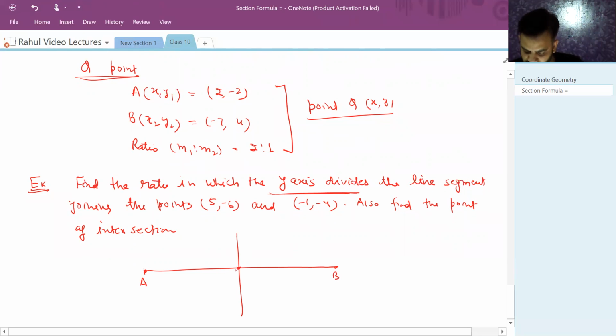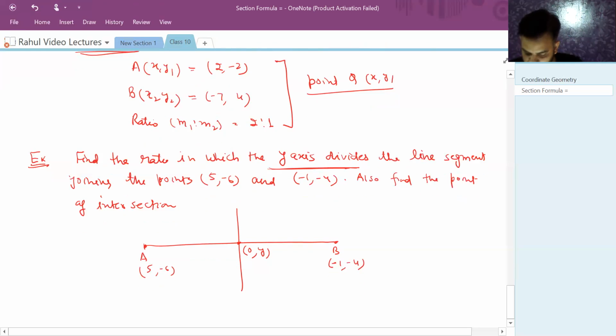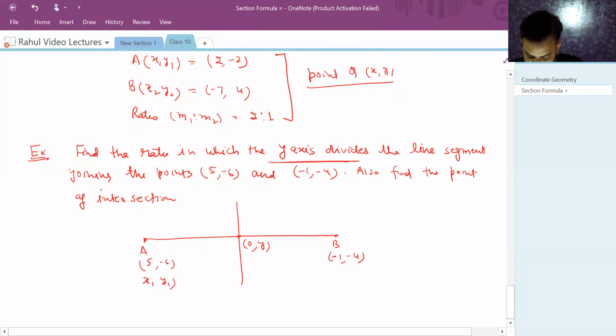So there is x equal to 0 and y maybe something. And that is your 5 minus 6, that will be your minus 1 minus 4. So this is your x1 y1 and this is your x2 y2.